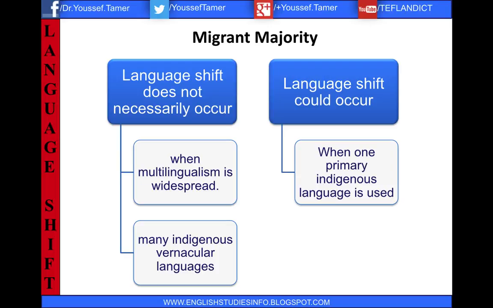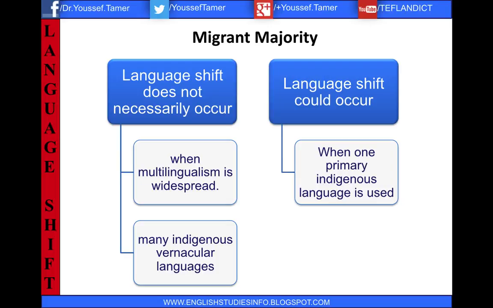Language shift does not necessarily occur if the country that has been colonized has some kind of widespread multilingualism. And this is applicable for Morocco, because we had some kind of multilingualism, Arabic and Amazigh, and then you have many indigenous vernacular languages.